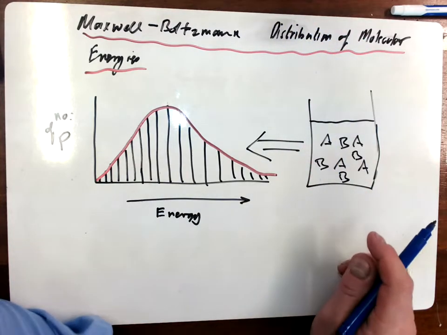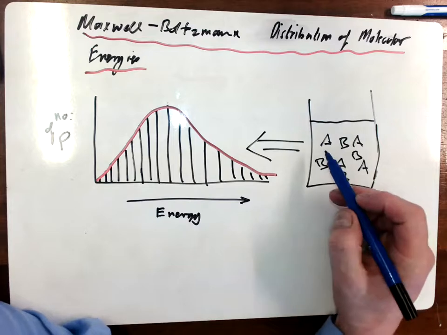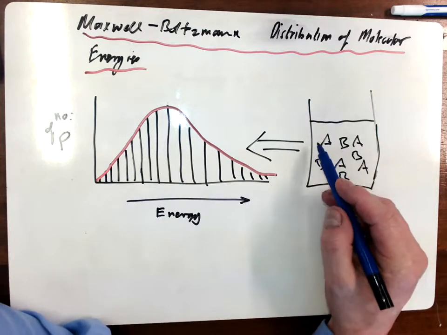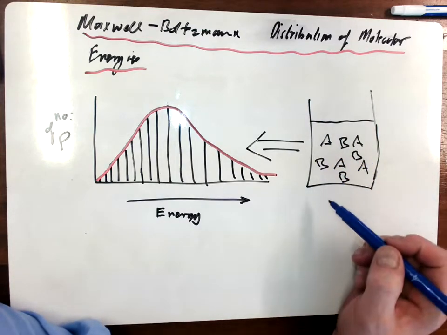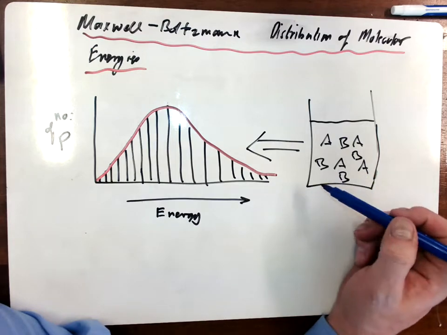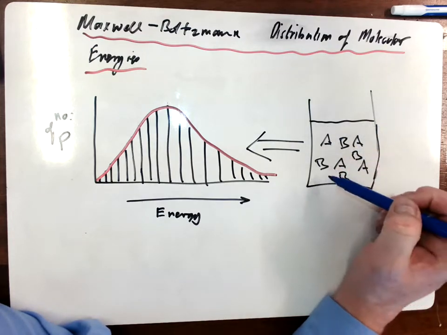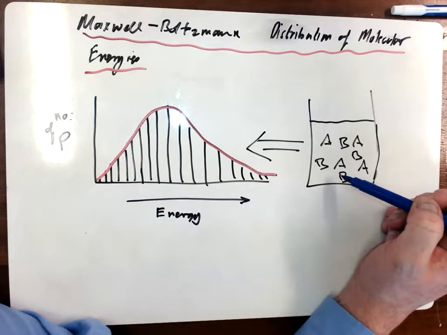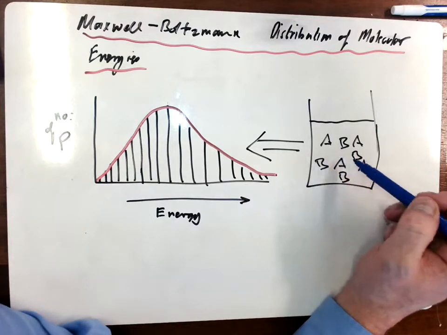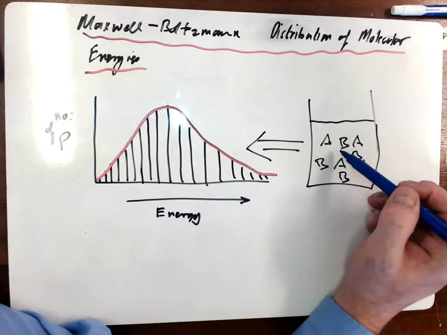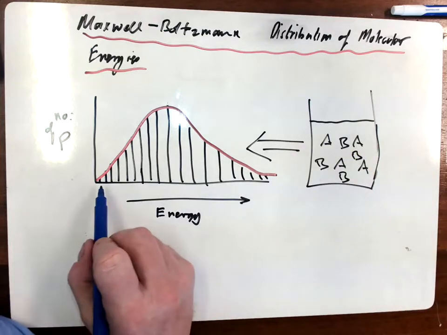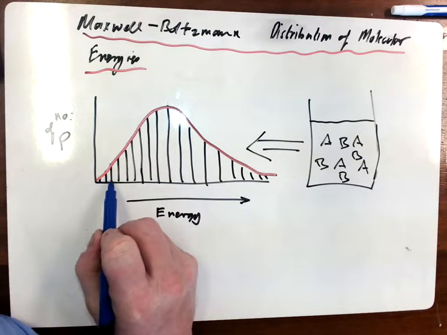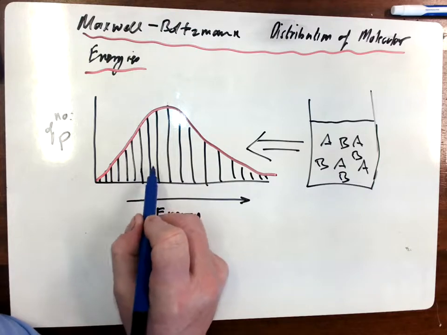Well, first of all, it is the molecular distributions of the molecules or the particles within a reaction mixture. So if I was, for example, able to take a reaction mixture here of A and B, and I was able to plot the distribution of the energies or the speeds of all of these particles, I would plot them along here with my little bars, like so.